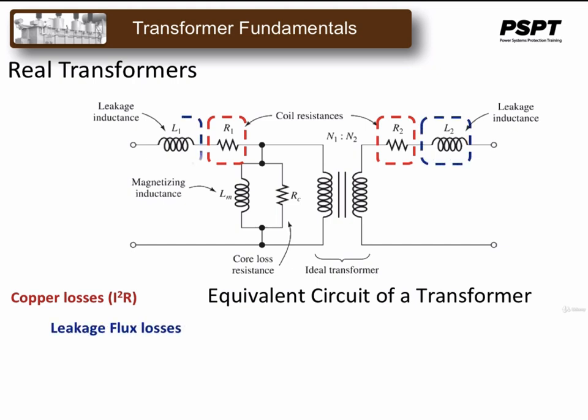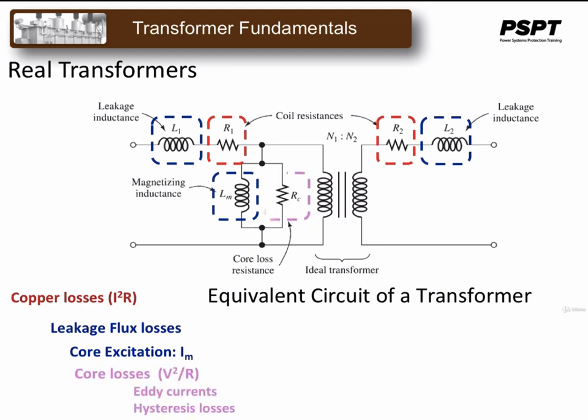The primary and secondary leakage flux are represented by L1 and L2. The core excitation is modeled by Lm, and the core eddy current and hysteresis losses are modeled by Rc.